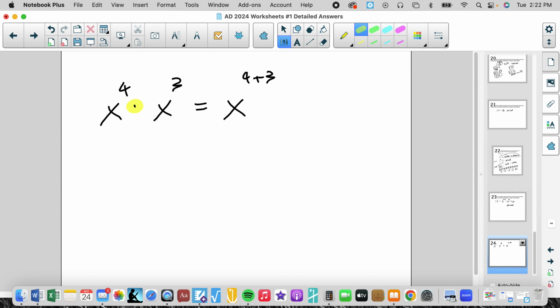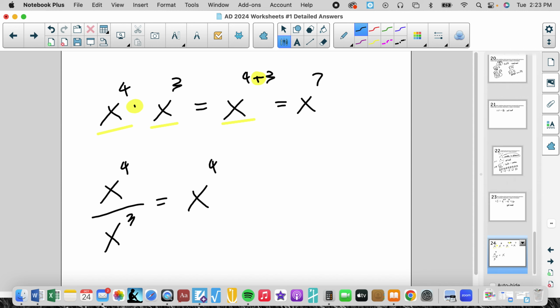When we're multiplying like bases, we're going to add their exponents. When we have like bases and we're dividing, we are going to subtract their exponents, and we get x to the 1st. You would never write x to the 1st, you'd write x. So things to remember there.